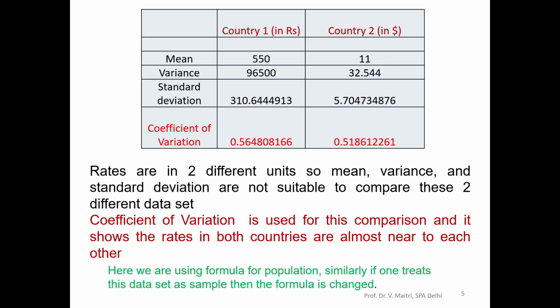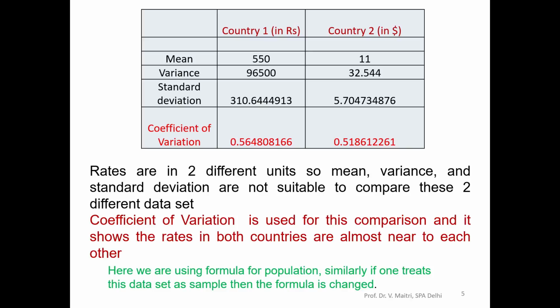So first of all we calculate the mean. The mean for India is 550 rupees and for the US it is 11 dollars. So you can convert dollars into rupees, and it comes out to be about 700 rupees. So the mean is 550 rupees or 700 rupees.